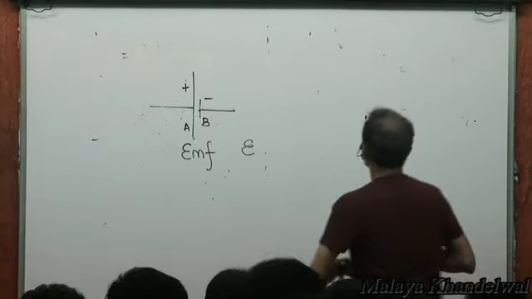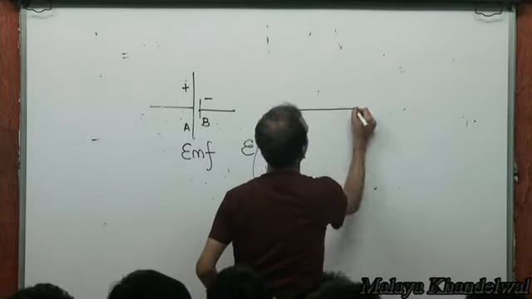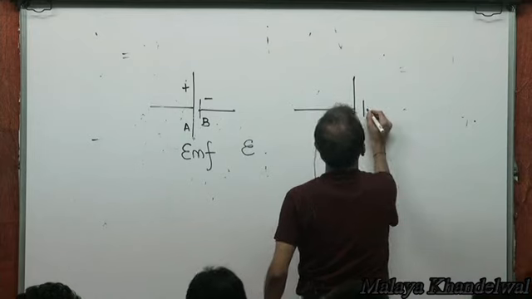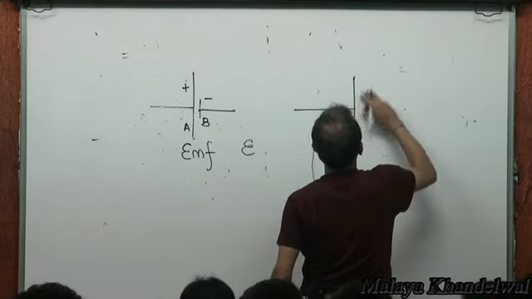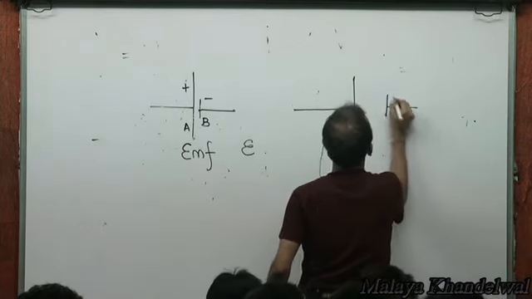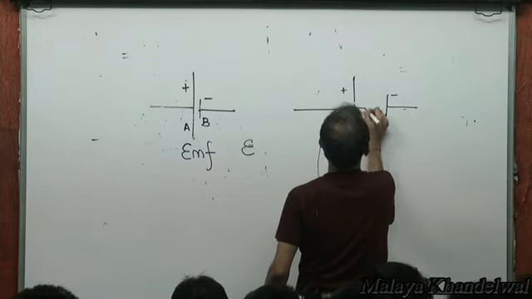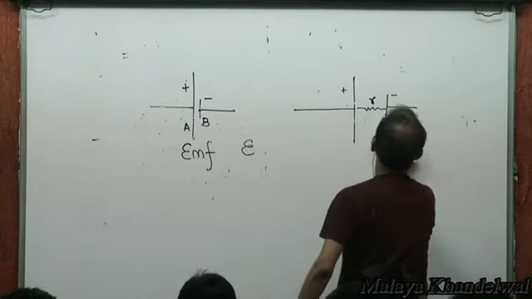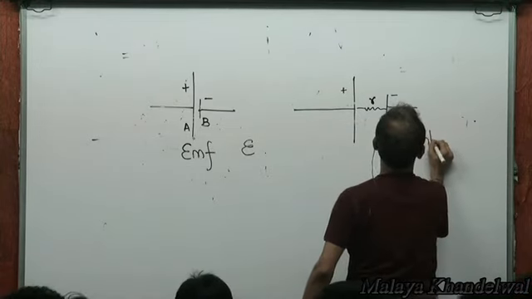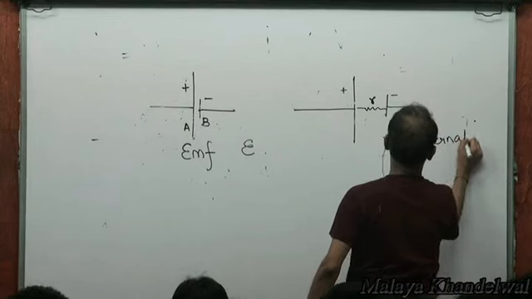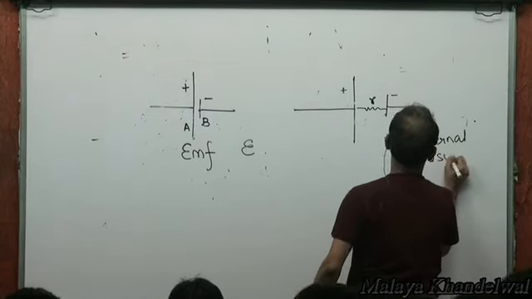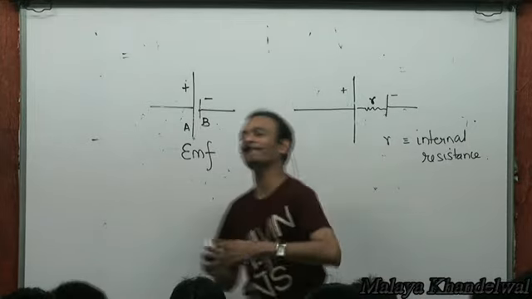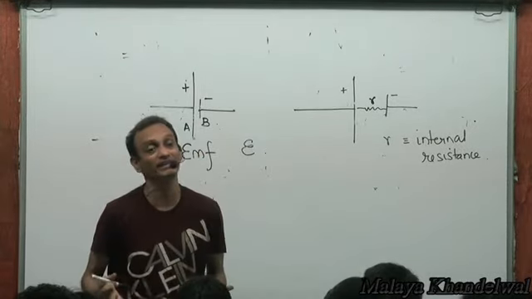So, when there is a current flowing through the cell, say this is the cell, and there is some resistance that this mechanism offers, small r, which is called the internal resistance of the cell. It will have no role to play when there is no current.